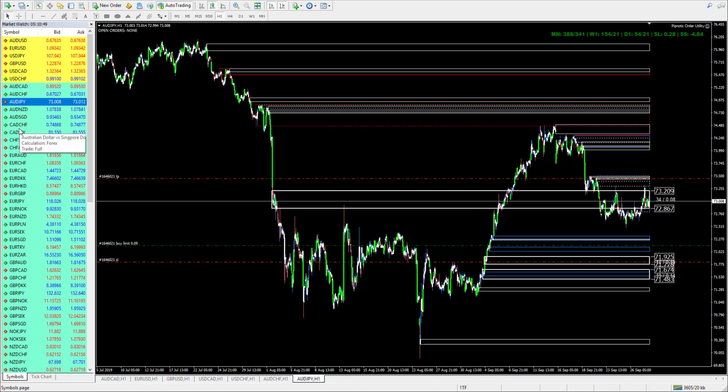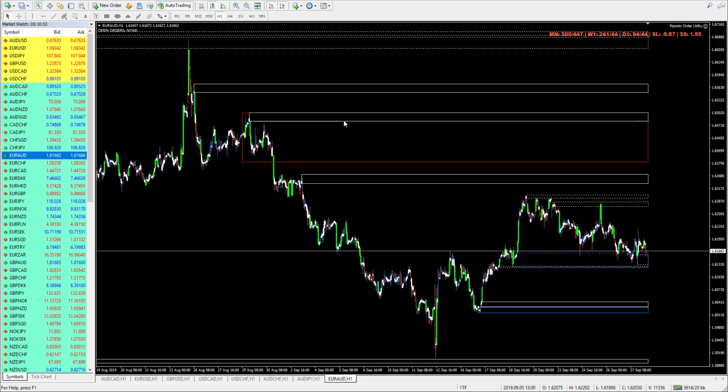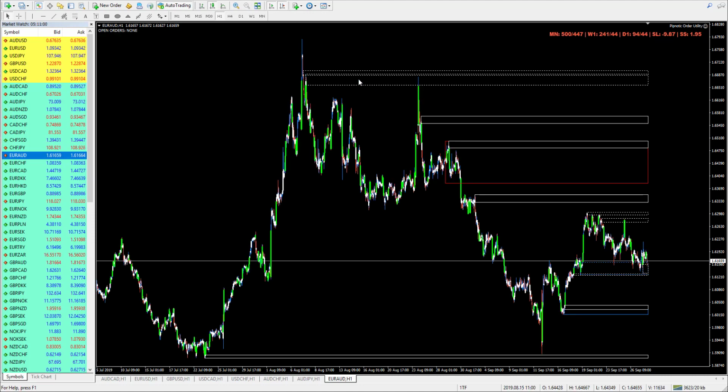Let's have a look at Euro Aussie. Okay, so what do we have? The same thing going on. So we have this test. The area that caused this is kind of this one here. This is the one that had the closes below it. The lows have already been tested, so that's no good.